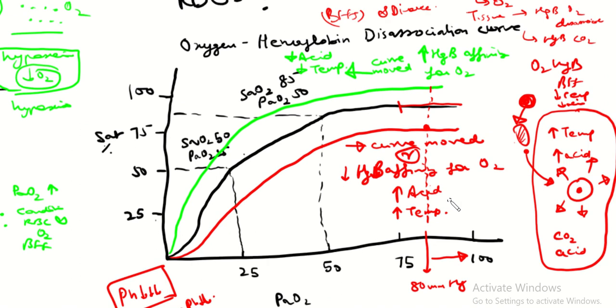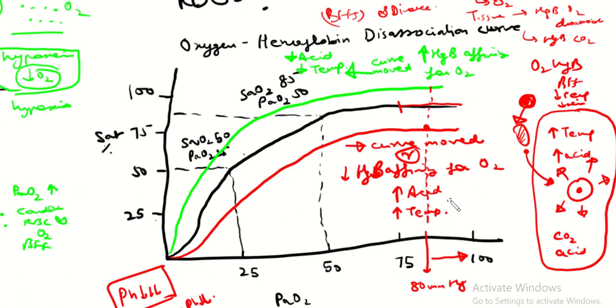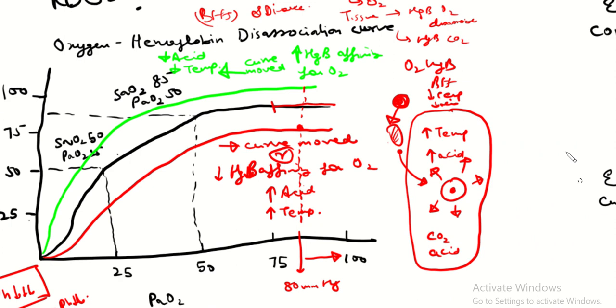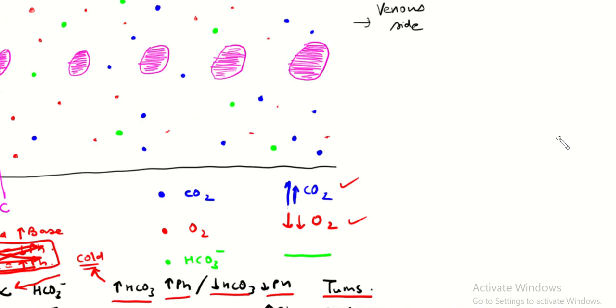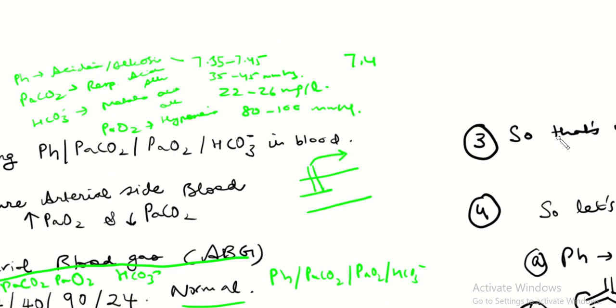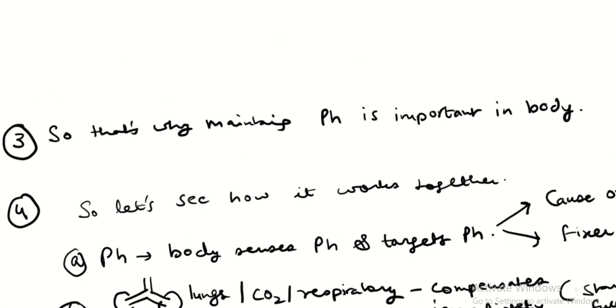And that's why it's important to maintain pH within a certain range for the body and for the body to work correctly. Okay? Perfect. So now we know the oxyhemoglobin dissociation curve and how things are going within the arterial blood. Looked at it in a bit more detail.